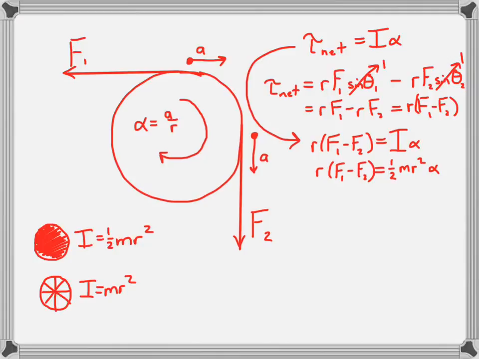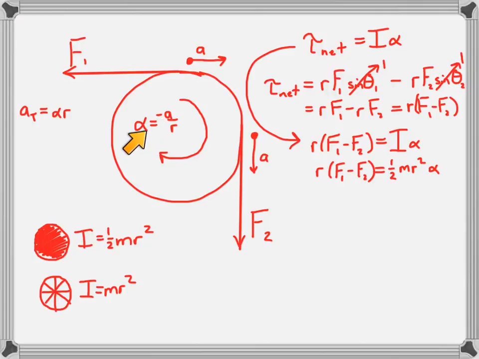So we can say that this angular acceleration alpha is A divided by r, because tangential acceleration is equal to alpha times r. Now, because this wants to accelerate clockwise, alpha has to be a negative value, because clockwise acceleration is negative. So that's why I have to put a negative sign out in front.